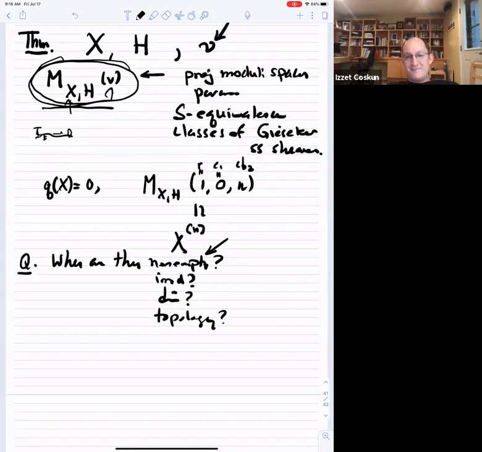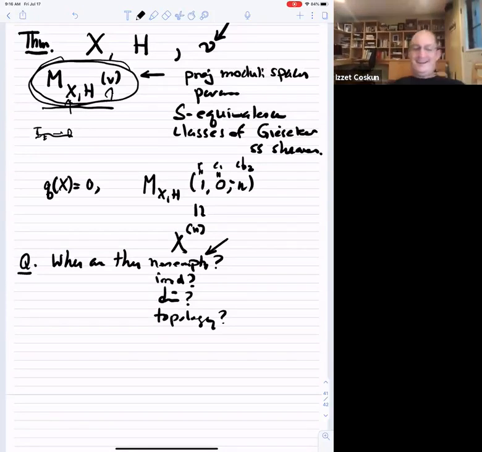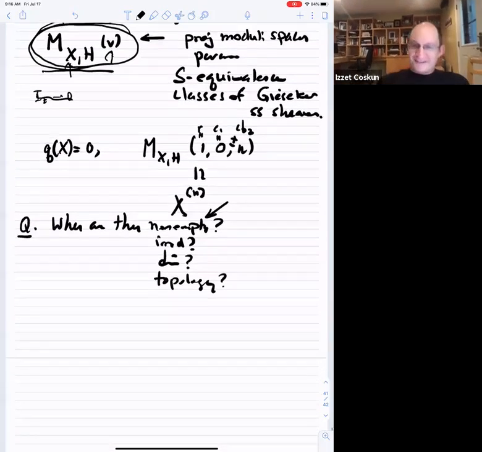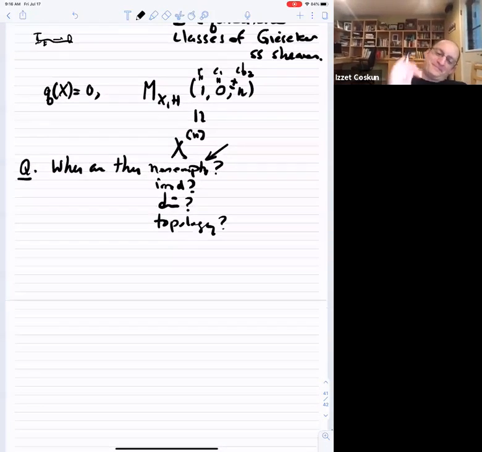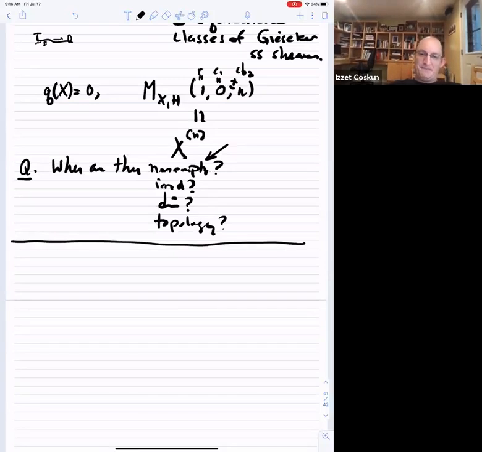I mean, you can figure out the sign by just writing down the sequence, but I don't want to do it now. So when are these non-empty? I want to look at M_P2(V), and the question is, when is this non-empty?